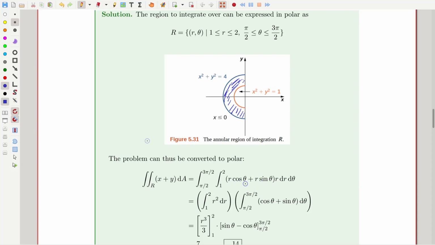And again, you can view this inner function as a product of two functions, one involving just r, one involving just theta. Because we can do that, we can avoid thinking of this as an iterated integral. We can instead split this into a product of two integrals, which is what I do next.